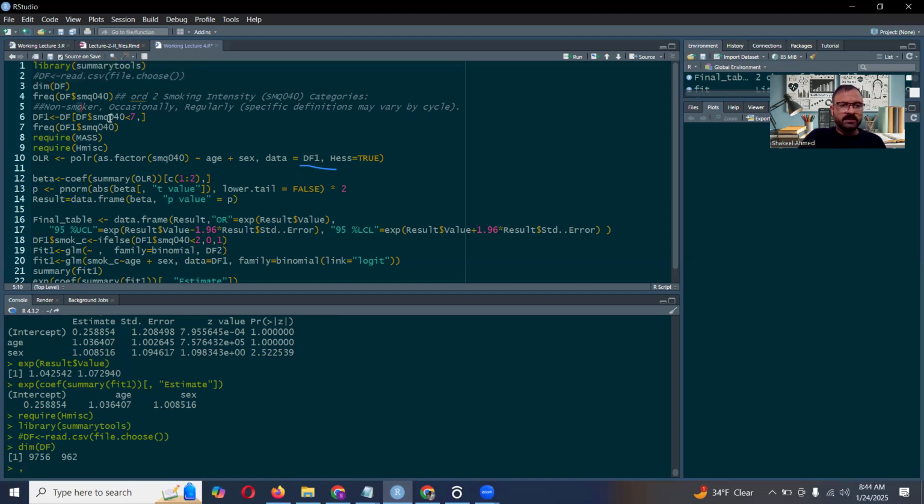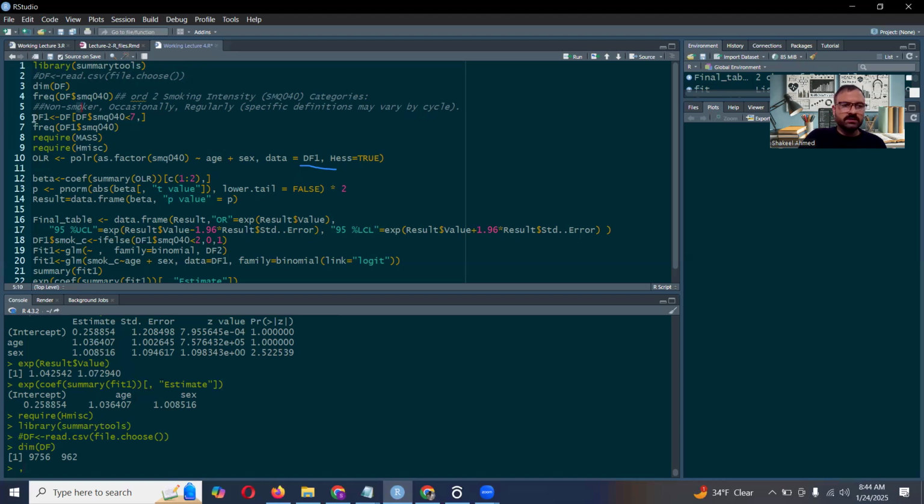If this is our response variable, we want to see how age is related with this variable, or how the sex of the respondent is related to this variable.